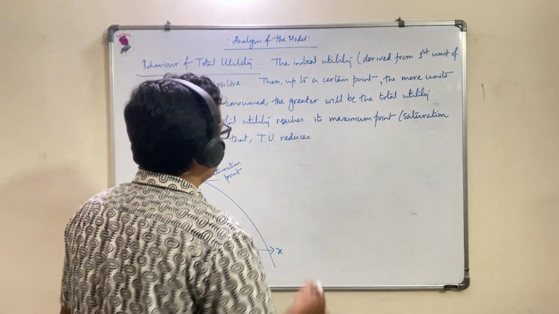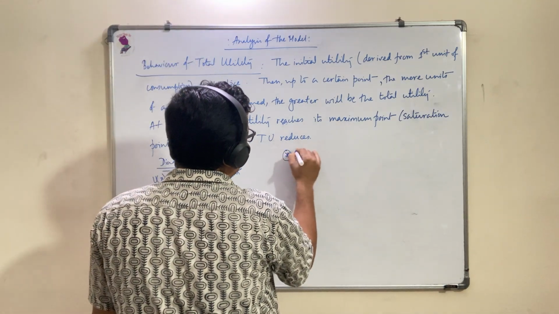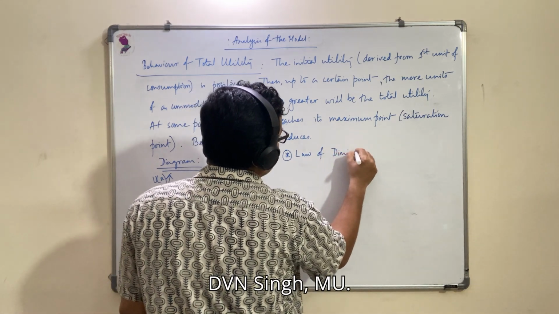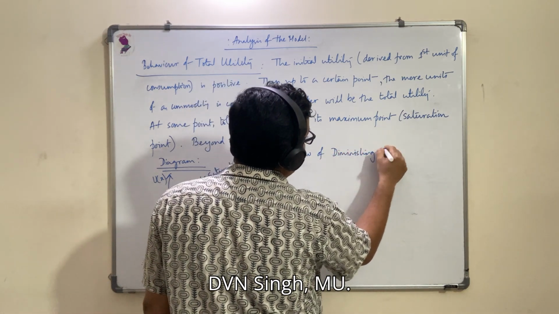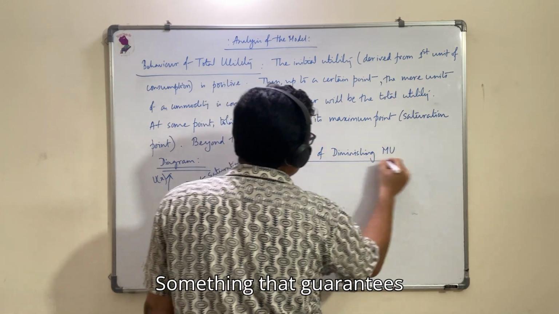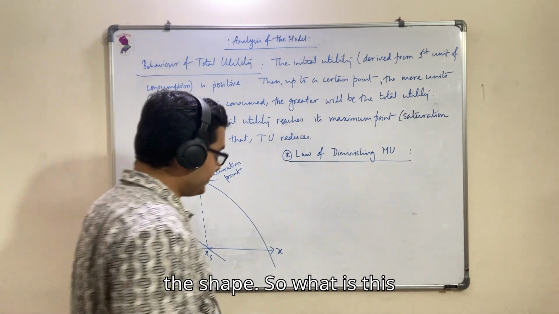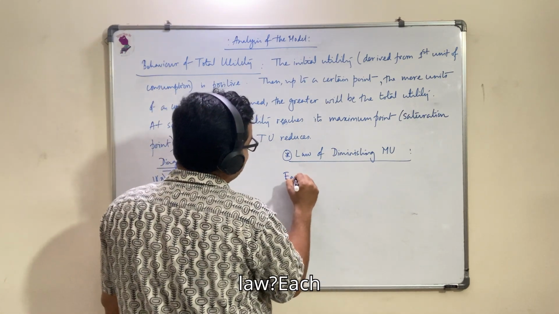So, law of diminishing MU, something that guarantees the shape. So what is this law?